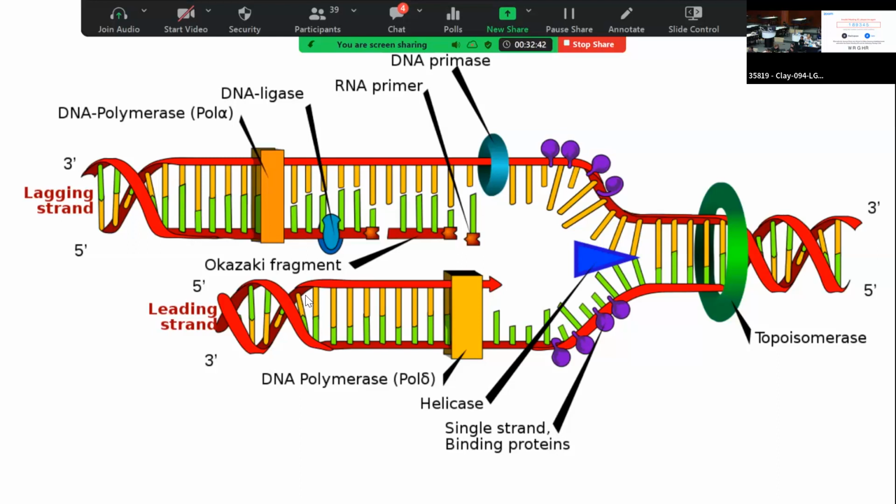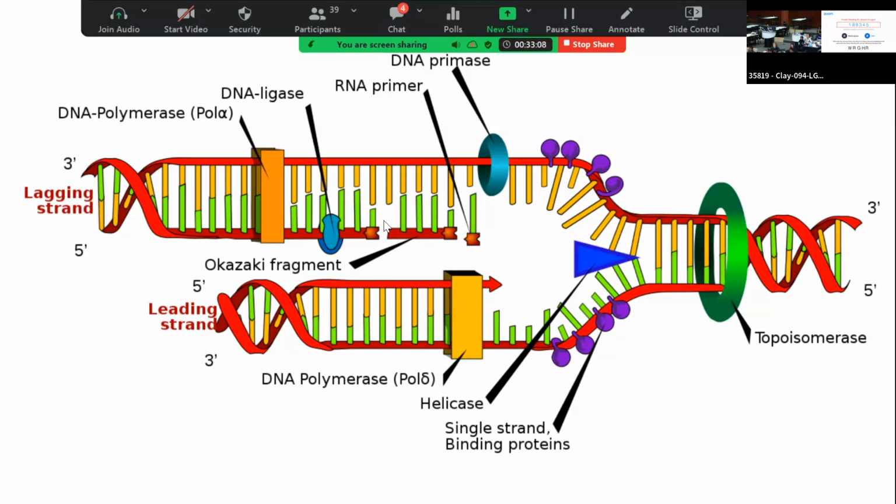The leading strand goes towards the replication fork, so it can keep going because it's opening in that direction, while your lagging strand goes the other way, because, as I said, everything has to be read in that 3' to 5' way. So the lagging strand is synthesized discontinuously. You have multiple primers, and hence these Okazaki fragments.